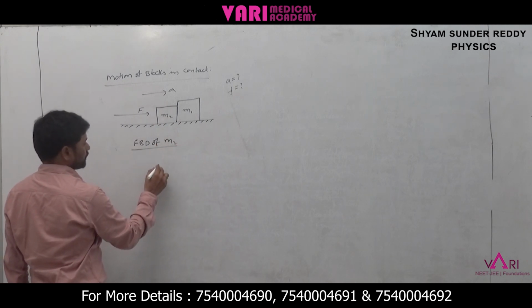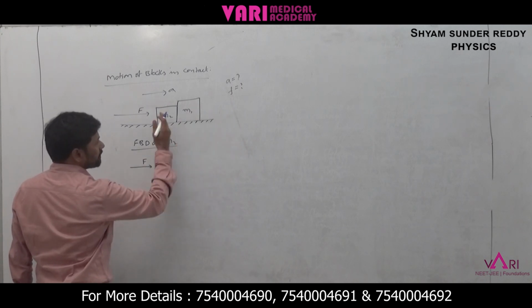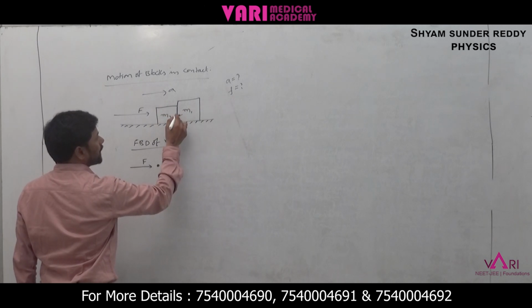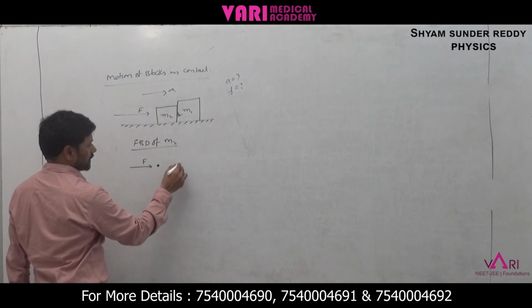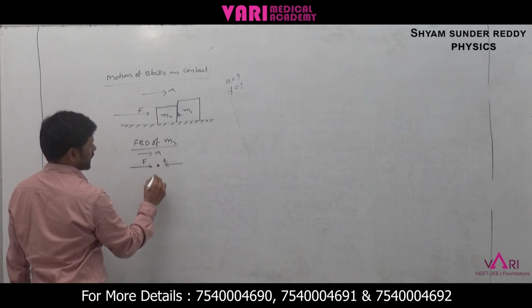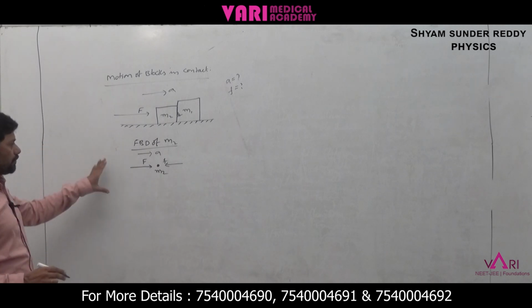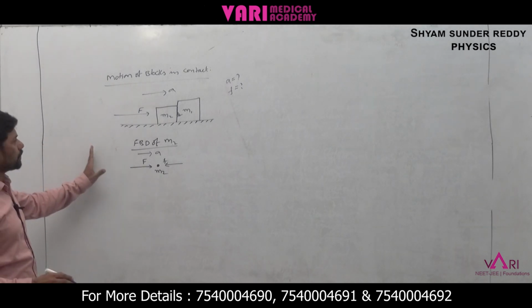Take M2. On this, which type of force is acting? Capital F, and M1 applies a force in this direction, small f. Acceleration is in this direction. This is the M2. So which is more here? The applied force is more.